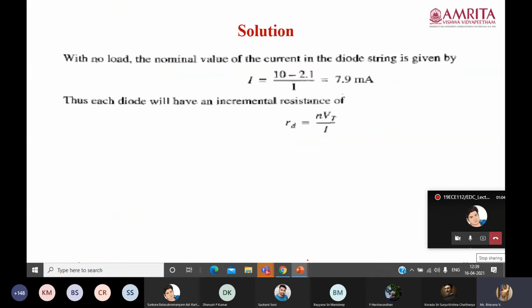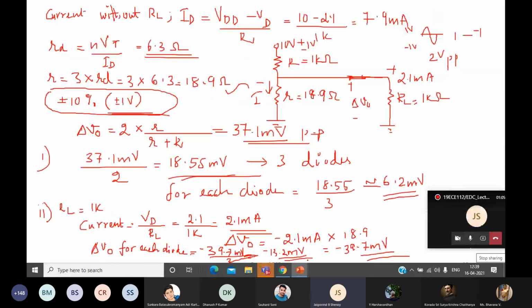Ma'am, could you explain how minus 2.1? See here, we are connecting a load, okay? While connecting the load, this load is drawing a current of 2.1 milliampere. If the load is drawing 2.1 milliampere, what will be the current flowing through the diode? Here we have three diodes.